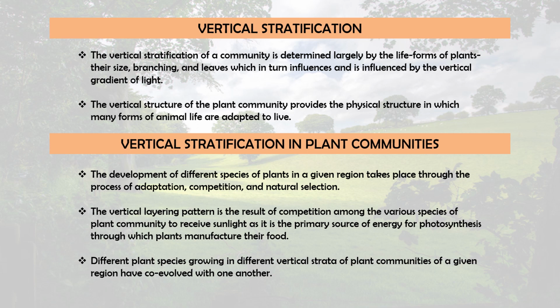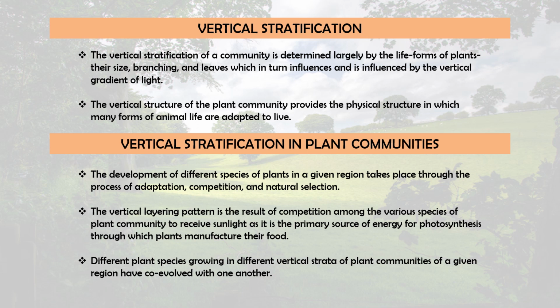So the first one, in plant communities, the different species of plants have evolved in a habitat having favorable environmental conditions wherein different species of plant community grow together having different life forms. The development of different species of plants in a given region takes place through the process of adaptation, competition, and natural selection.